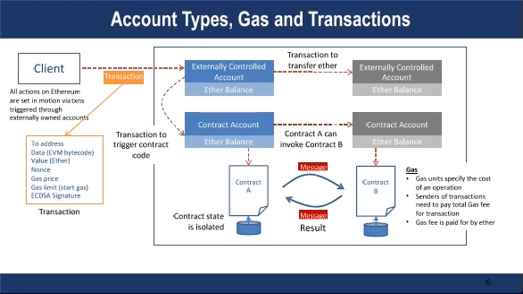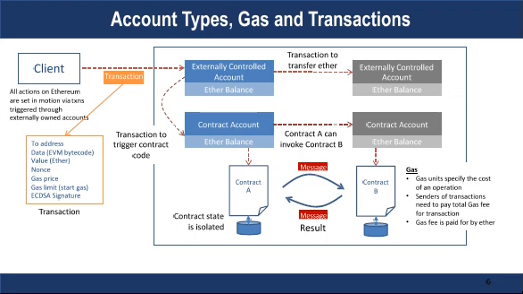We are going to study here the accounts, what gas is, and the notion of a transaction in Ethereum. Ethereum really has two kinds of account. One is called an externally controlled account, and the other one is called a contract account. We are going to study the types of account in more detail in the further slides.